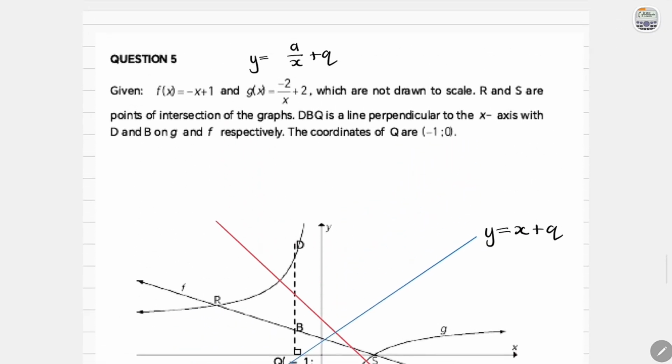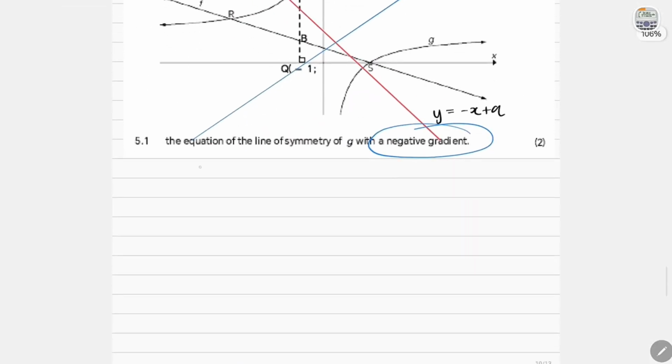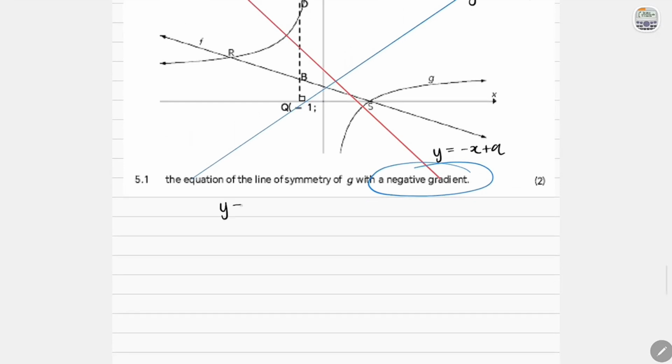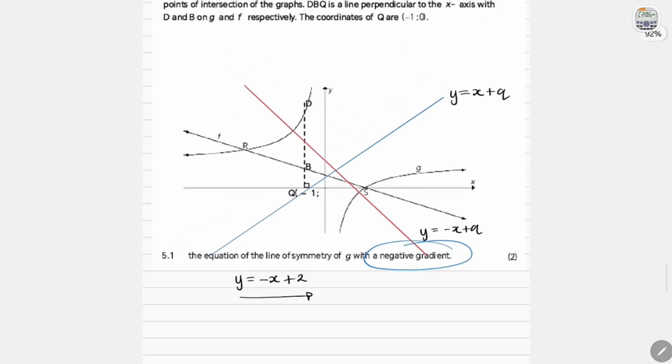The value of q is literally this, so we can see it's 2. Since q is equal to 2, the equation is y equals negative x plus 2, and that is our equation. Moving on to the next question.